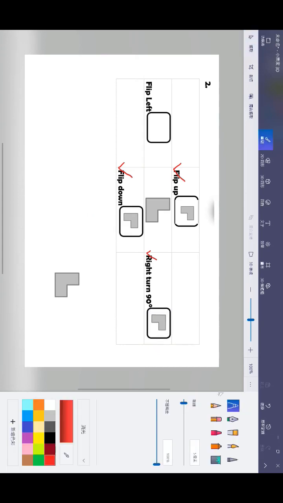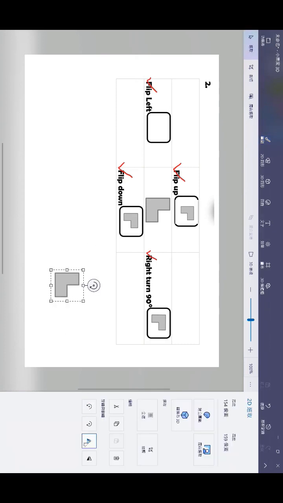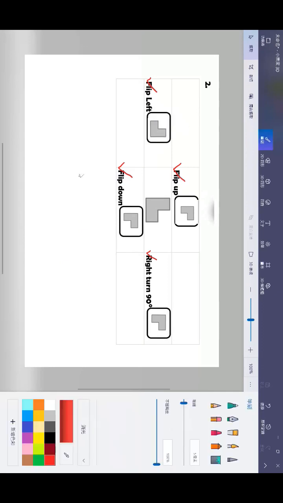Okay, the last one, we try to flip it to the left. Choose the shape and then flip it to the left. Okay, and now it becomes like this. Okay, kids, please try to draw the shapes in your book.